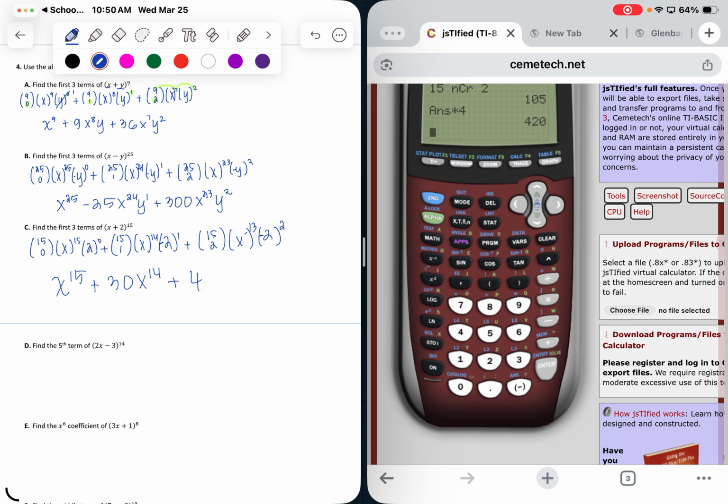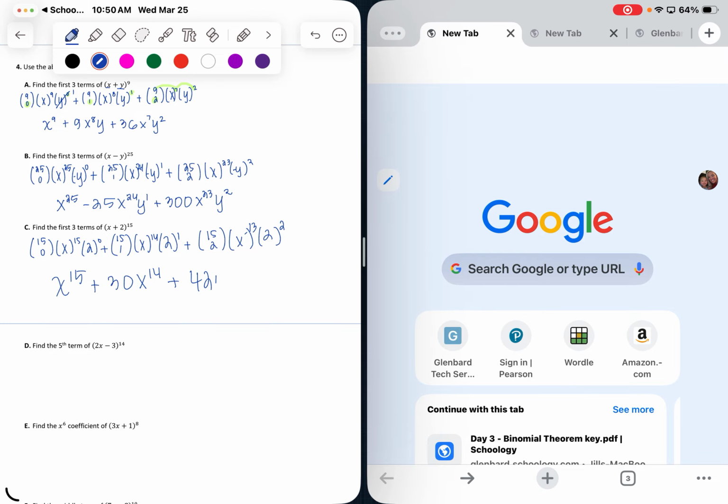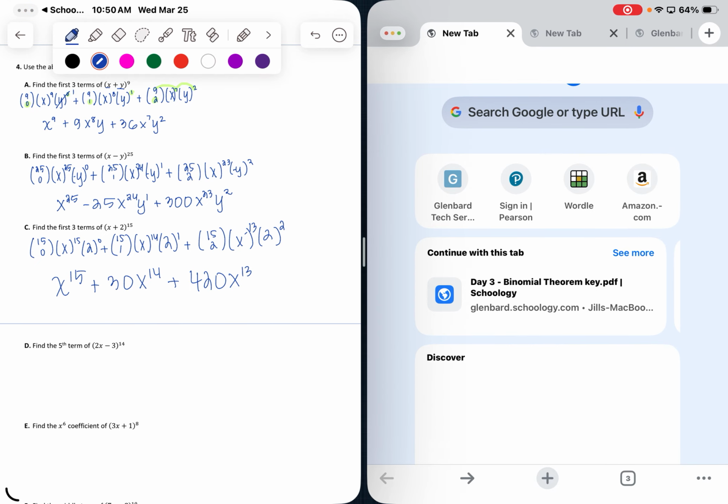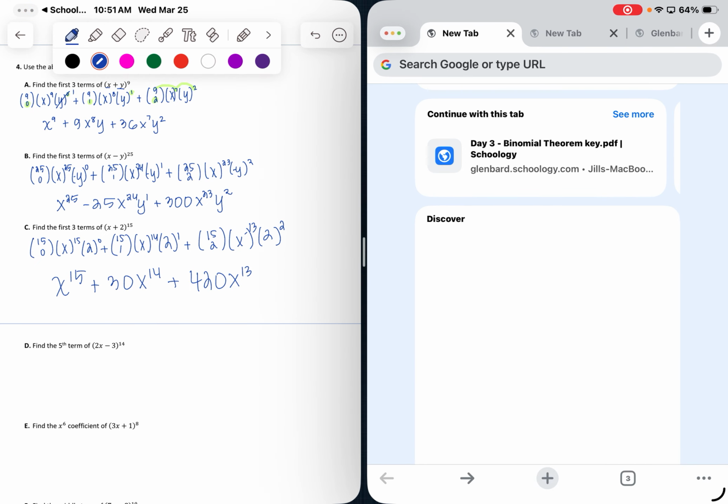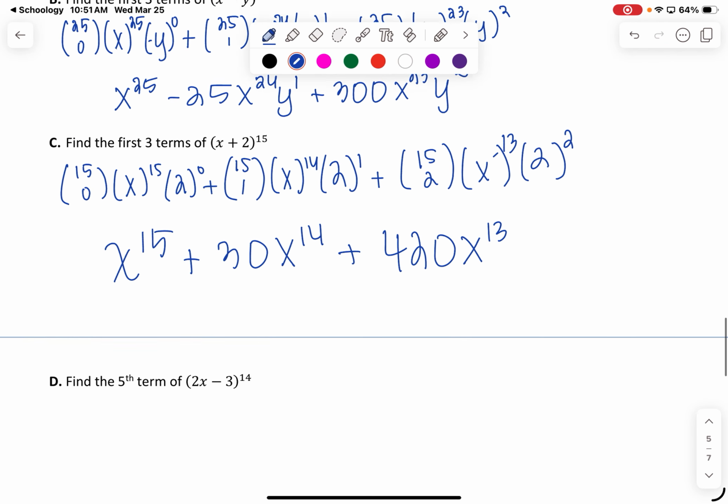So this is a minus. At least I'm figuring out my mistakes as I go. No, it wasn't. It was a plus 2. I was thinking of the last problem. Where was I? 420 x to the 13th. Oh, what happened there? That's not fun. Okay, I'm just going to use my calculator off to the side now because that calculator's not working.